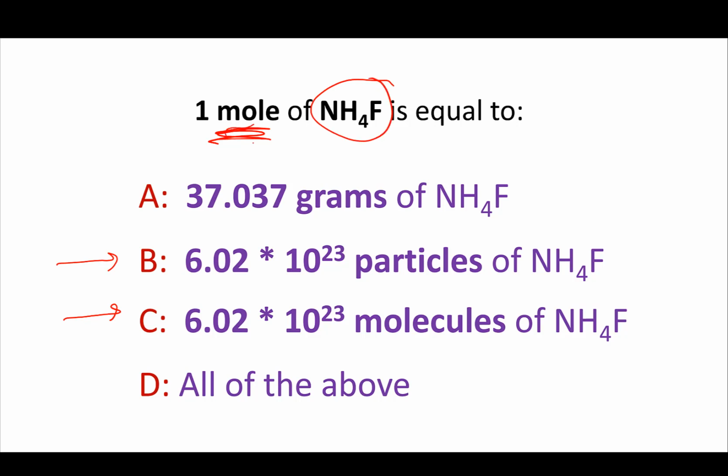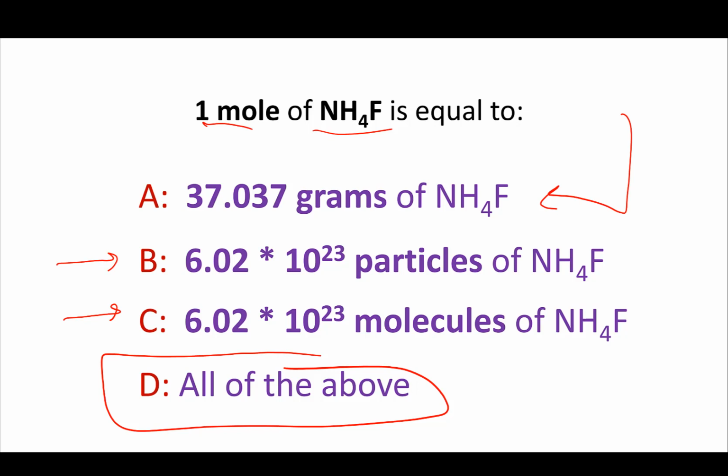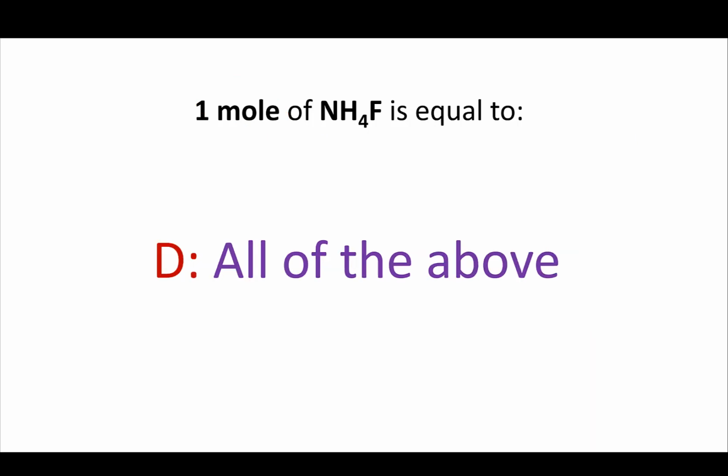So 1 mole of this chemical has a mass equal to the molar mass of this chemical, which happens to be 37.073 grams. So in this case, these are all actually correct. 1 mole by itself is not a measurement of mass, but 1 mole of a particular substance will have a particular mass called the molar mass. So this is right because it's the molar mass of this specific chemical. These two are right because the mole is always equal to that number, Avogadro's number. So all the above.